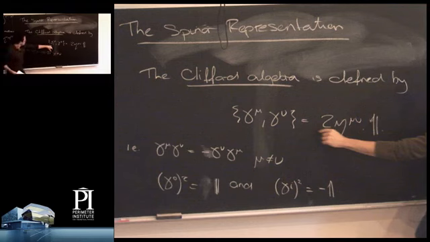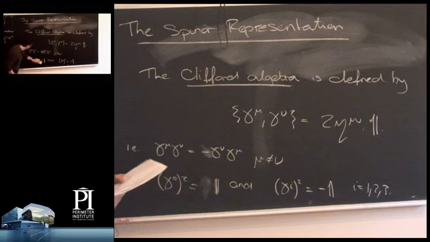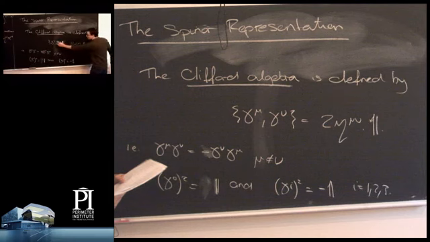Have you seen these anti-commutator expressions before? Good, and this is the unit identity matrix. This is just stressing that this eta is either plus or minus 1 depending on the mu and nu index.